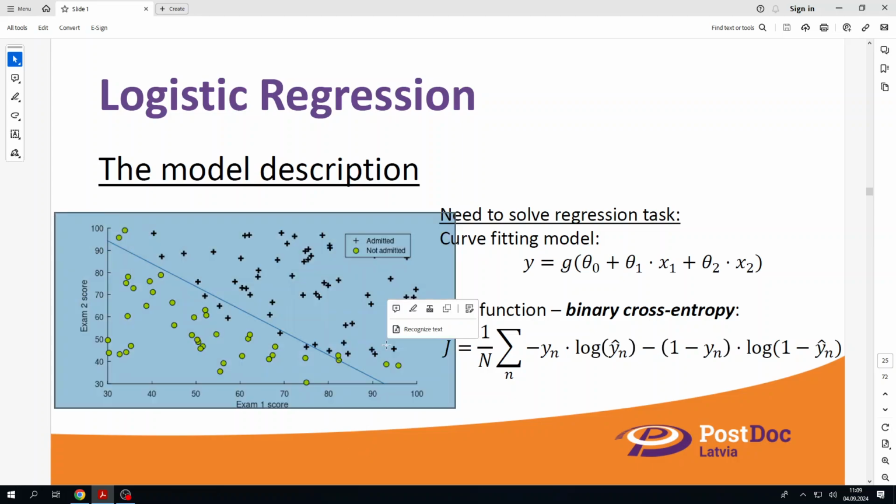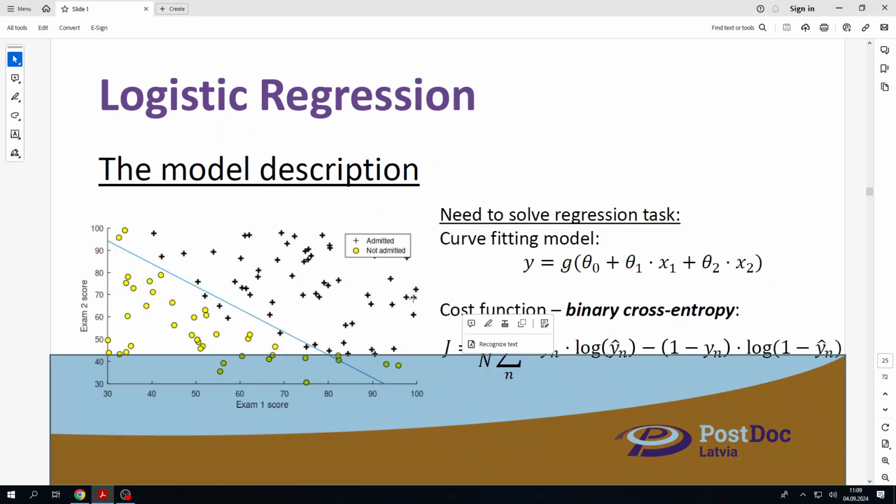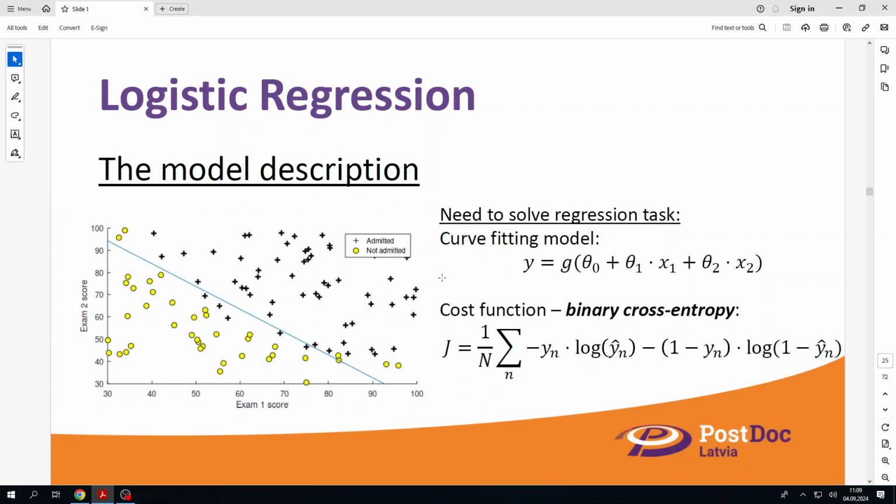So there are some errors, but this is only because our line is too simple, it's a straight line. We could have had a higher order line with x squared, maybe x to the third degree, and maybe it would be more precise. But we'll leave that for our practical exercises. We will have similar problems.